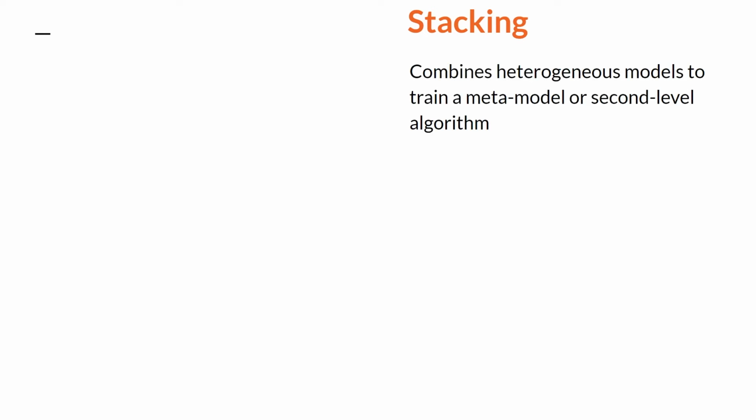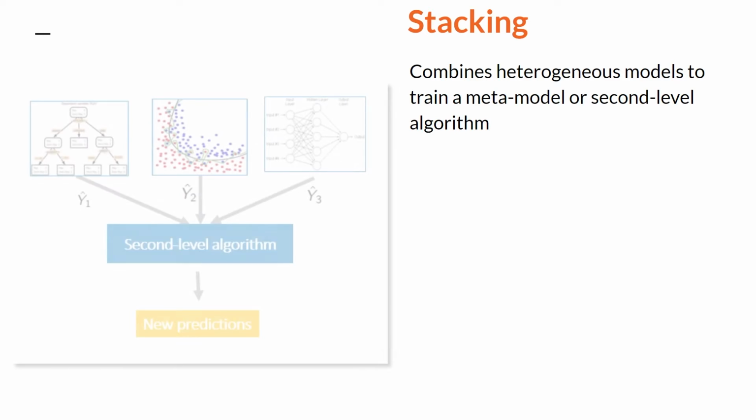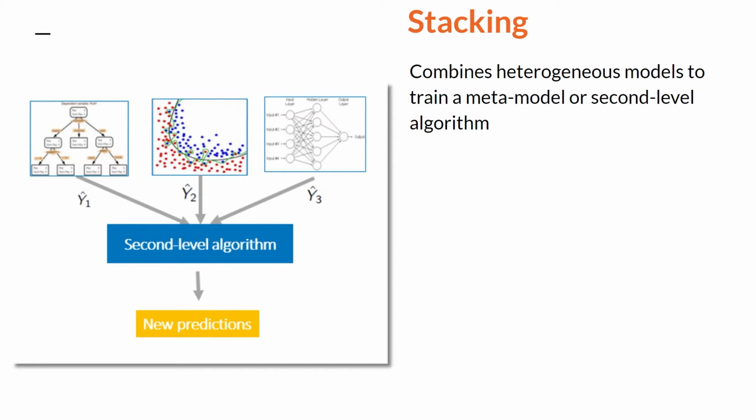So the final model I want to talk about is stacking. Stacking combines heterogeneous models to train a meta model or second level algorithm. So consider the example here on the left. We have 3 weak learners represented at the top.